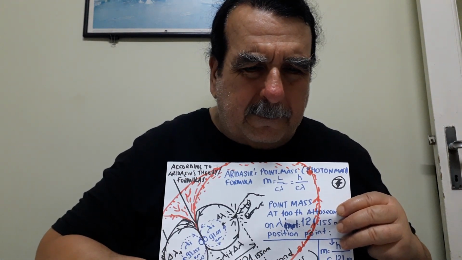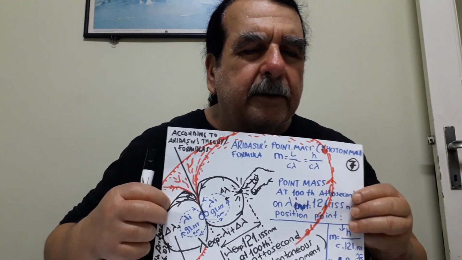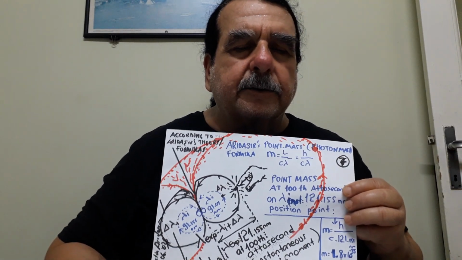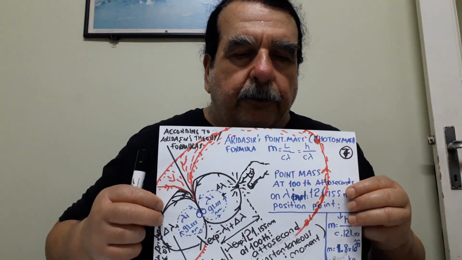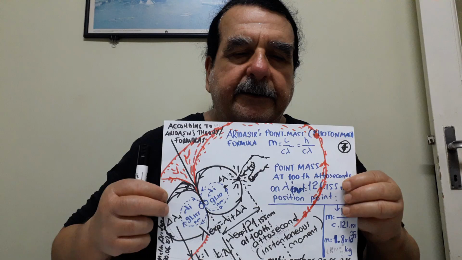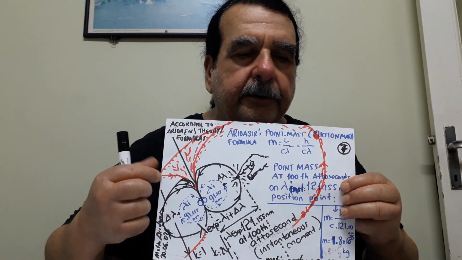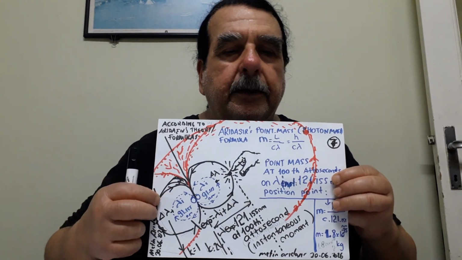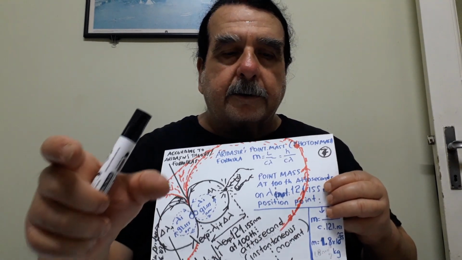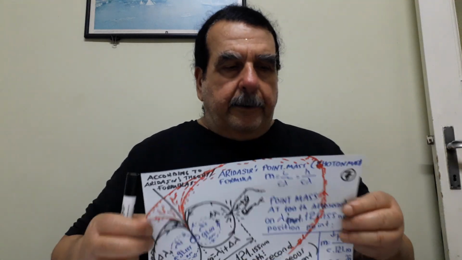Where it is? 1.823 10 to the minus 35 kilogram. This is point mass at the 100 attosecond, on the lambda instantaneous equals 121.155 nanometer position point. Position. Yes, here it is.